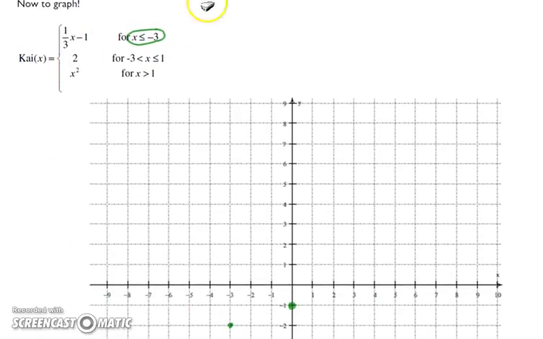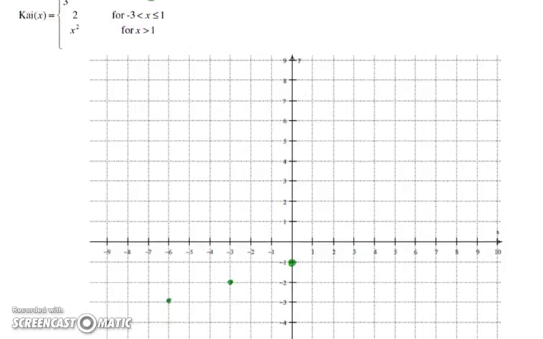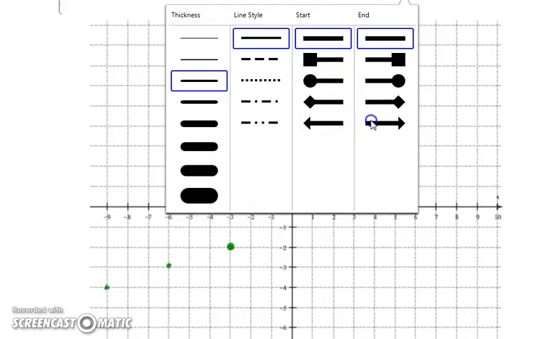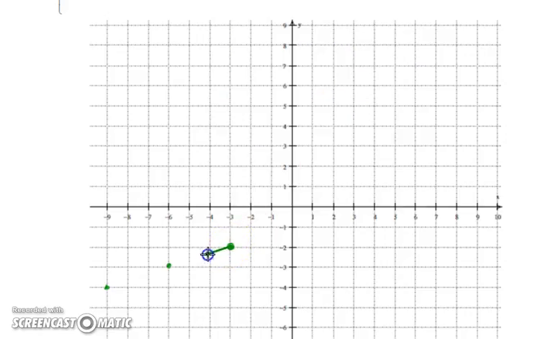And then now that I have some points there, I'm going to cut it off at -3 and put my dot there. So when x is -3, this is the end point. So I'm going to erase the other points I have on the right. And then I'm going to put my line there. Let's see if I can get my line to go the way I want it to go. There we go.